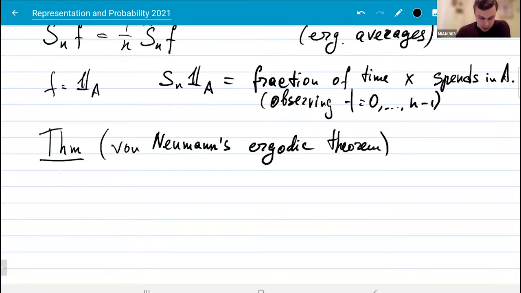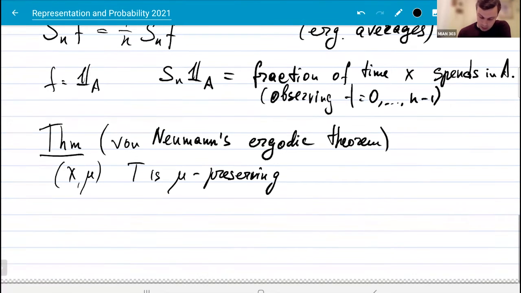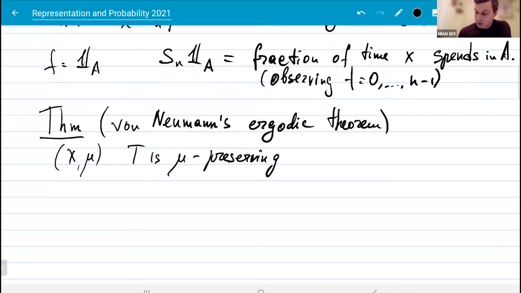Assume that we have (X, mu), T is mu-preserving, and let us say that f belongs to L2.